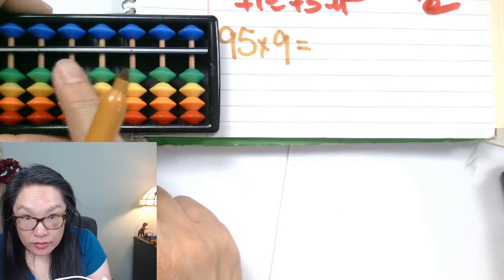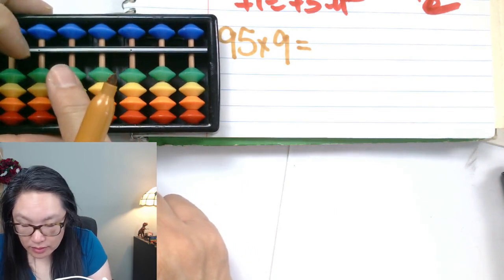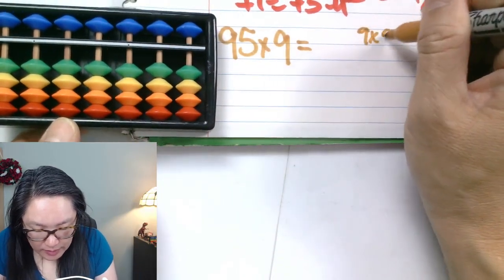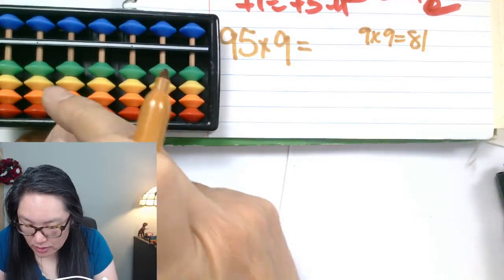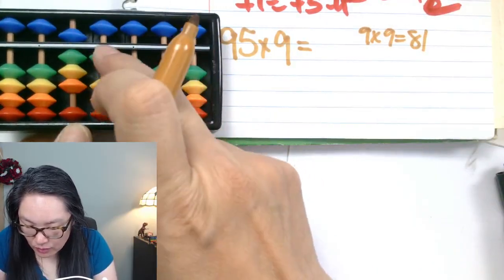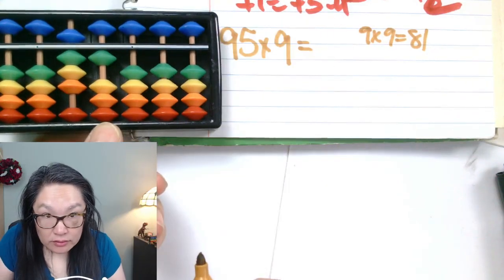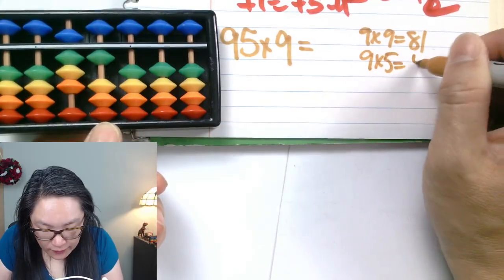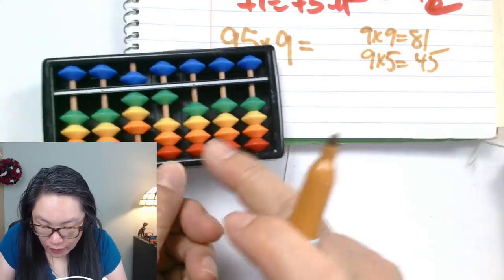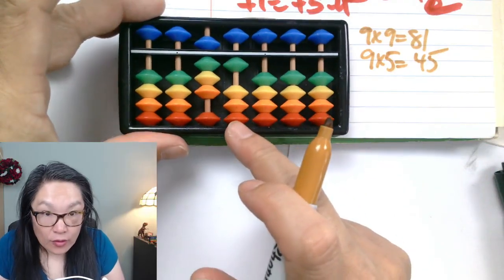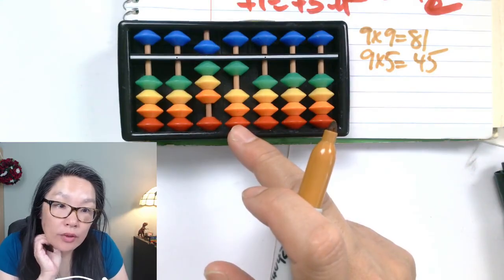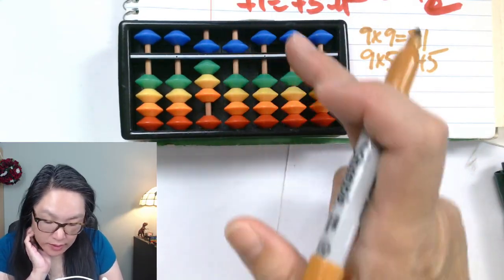Then 9 times 9 is 81. And then 9 times 5 is 45. I need to add the 4. How do I add the 4? Not enough. So what do I do? Plus the 5 minus the 1 and then add the 5.